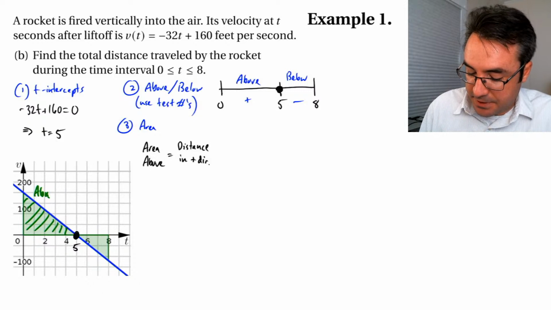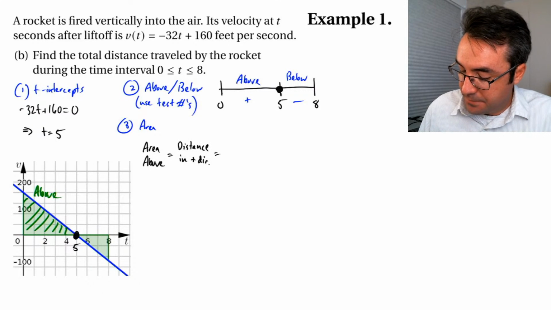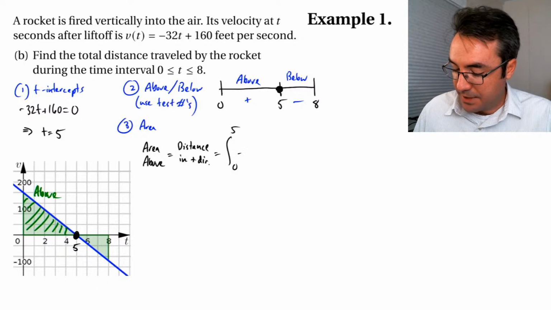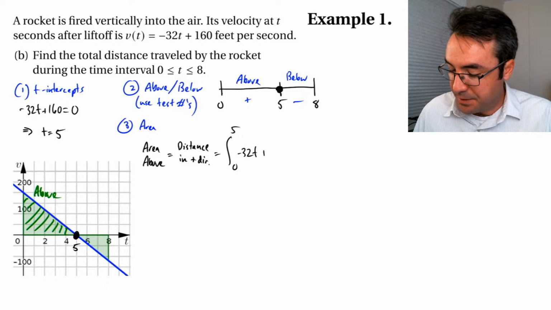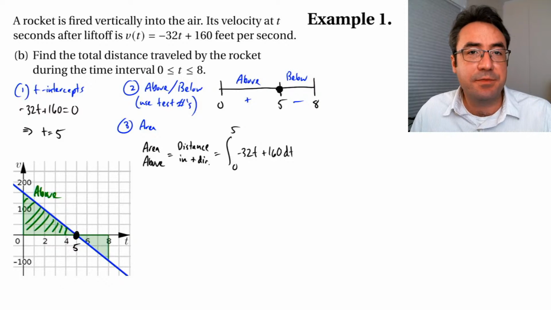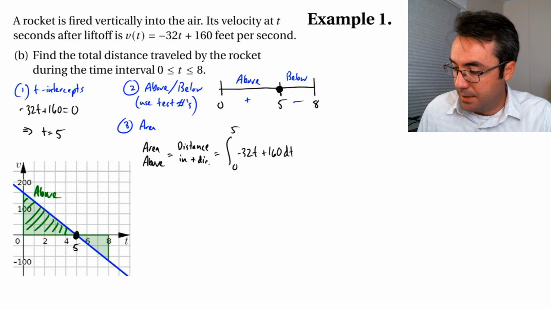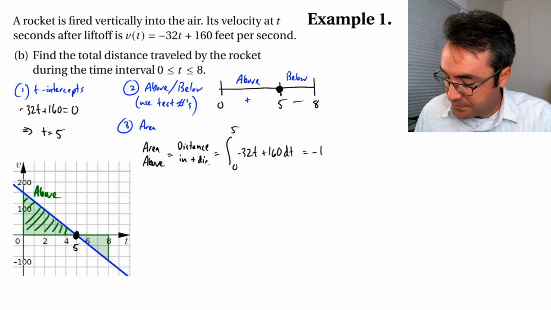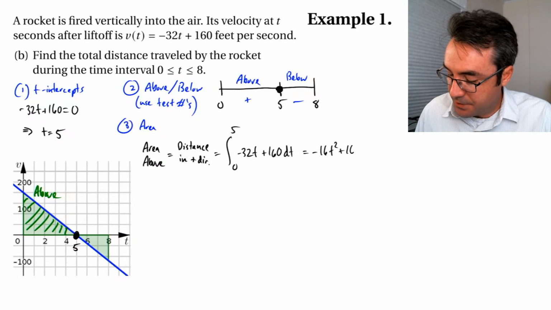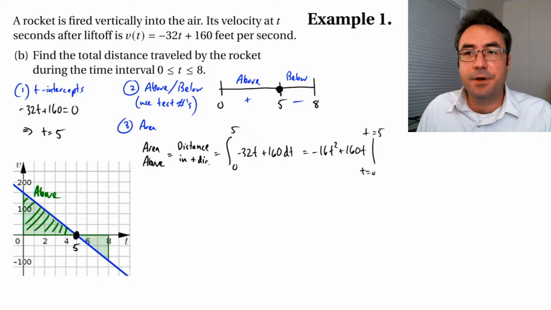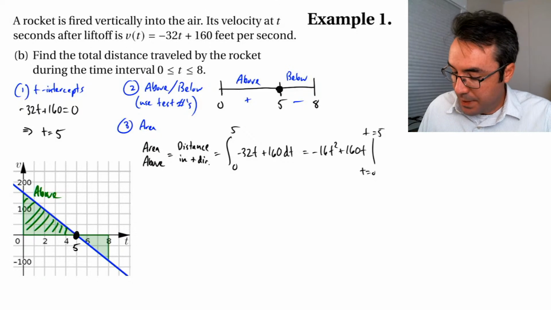All right, so let's calculate it. So we're going to integrate from 0 to 5, and our velocity function is negative 32t plus 160, and then it's just a definite integral. So antiderivative, same one we calculated: negative 16t squared plus 160t, and we evaluate from 0 to 5.